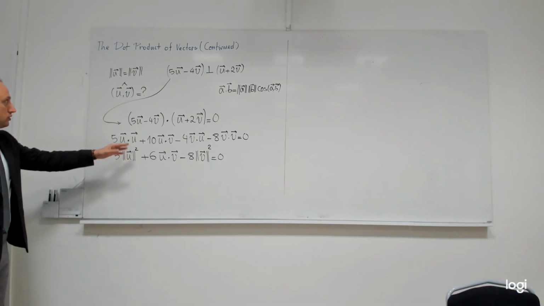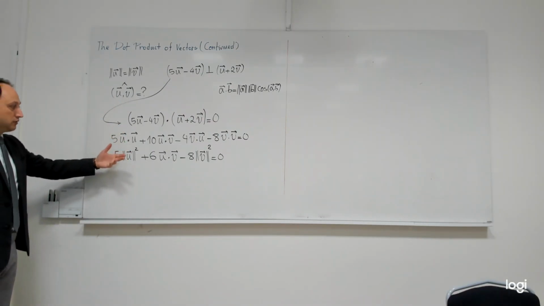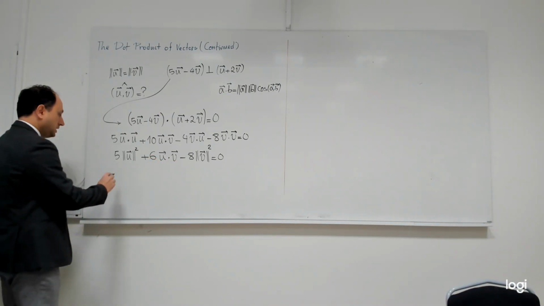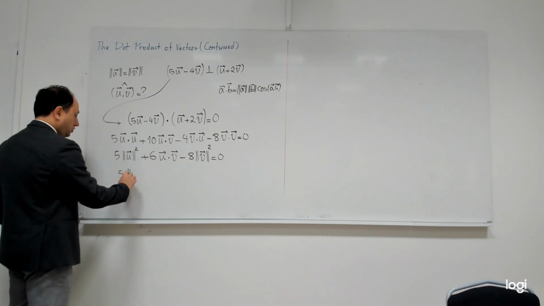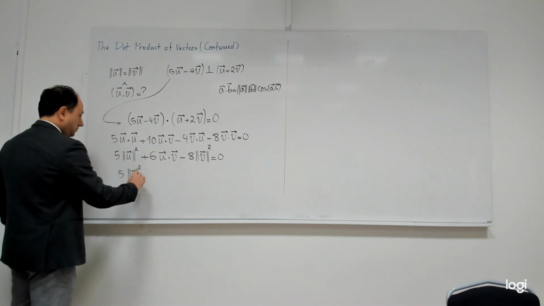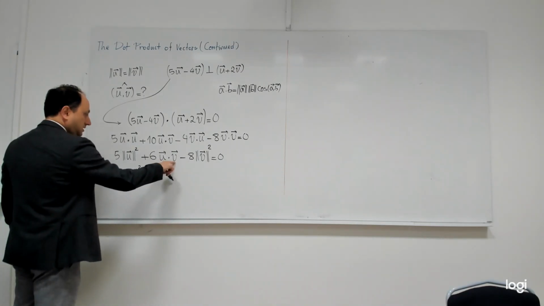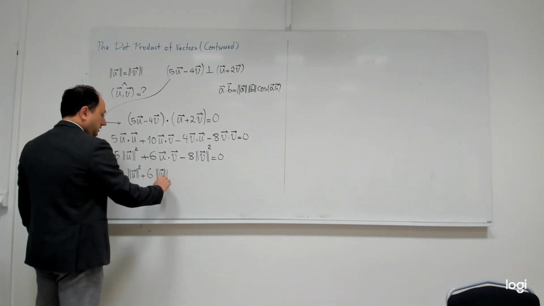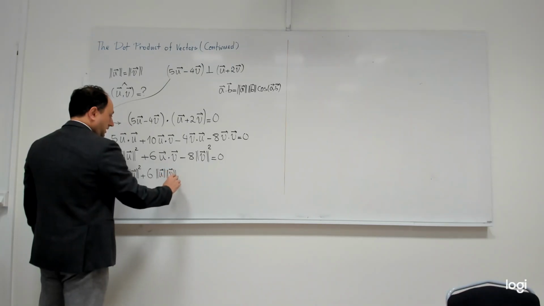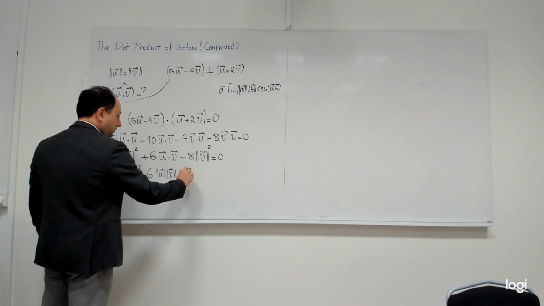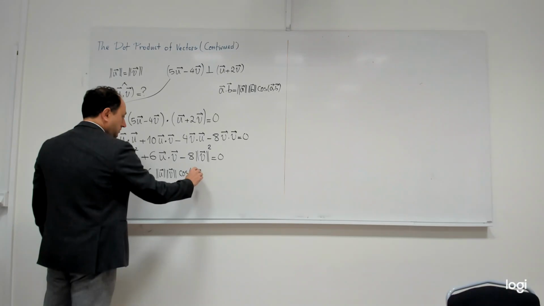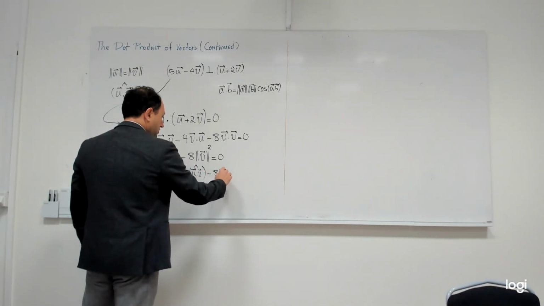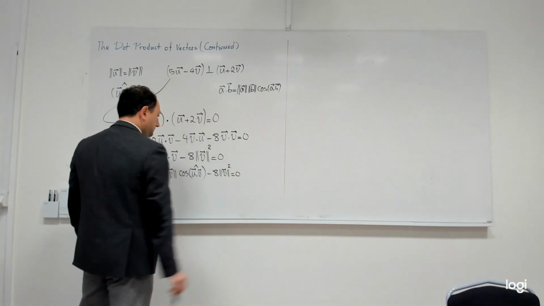So far, I do not have this involved, but then I realize that I can use the formula for the definition of u dot v. So I can write 5 norm of u squared plus 6, and here I use the definition: norm of u, norm of v, and then cosine of the angle between these two, minus 8 norm of v squared is equal to 0.